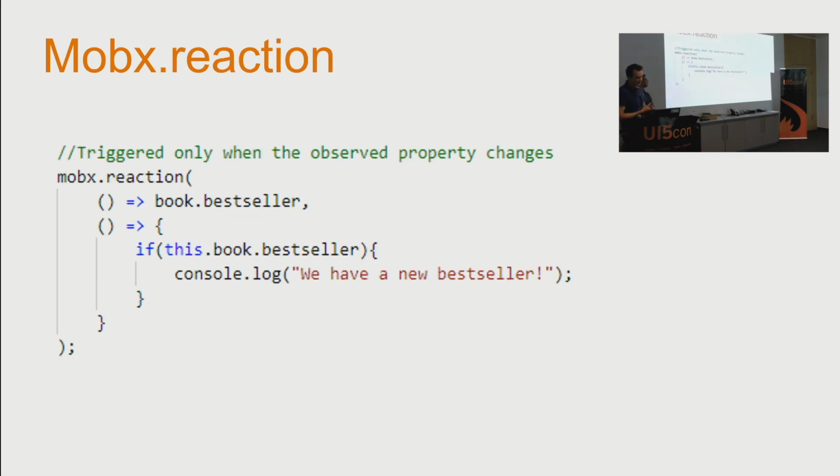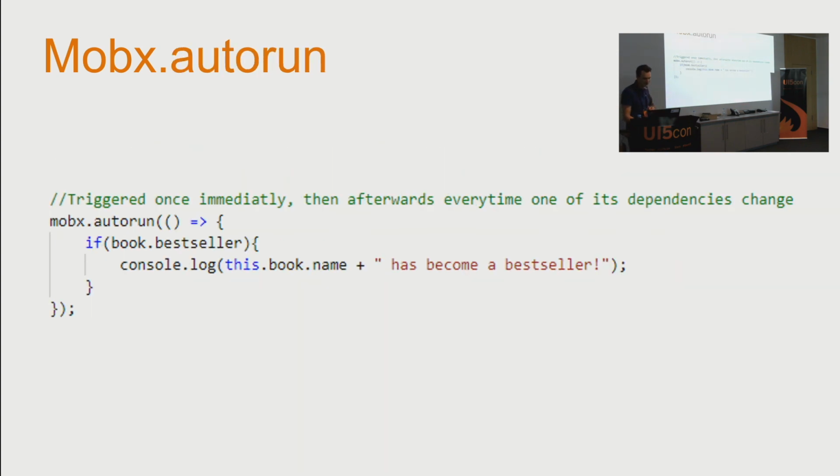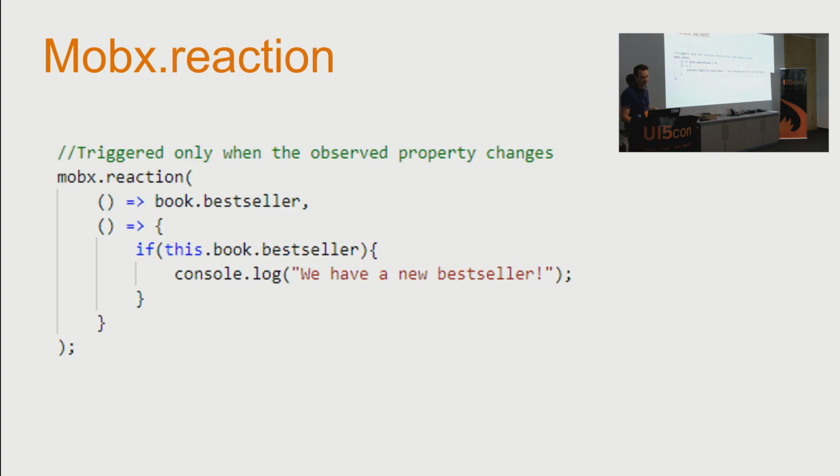And lastly, I wanted to show you the reaction. The reaction is triggered only when the observed property changes. So in the first case, the autorun, everything that I put inside the autorun statement triggers the function. And in this case, only the book.bestseller triggers the function.